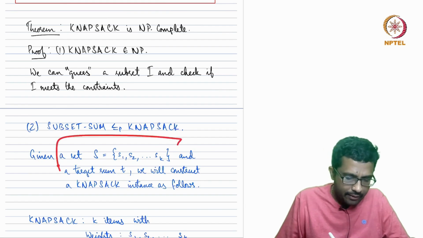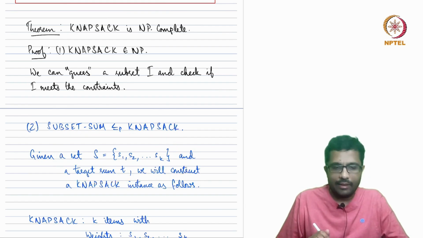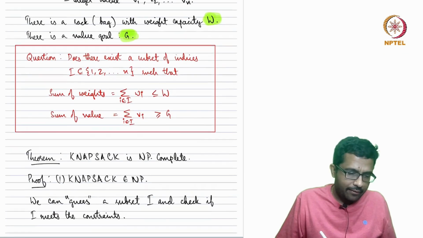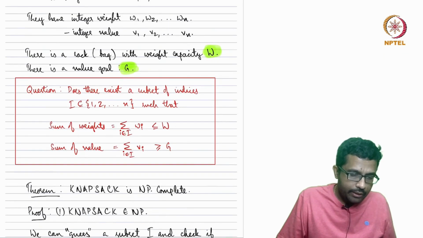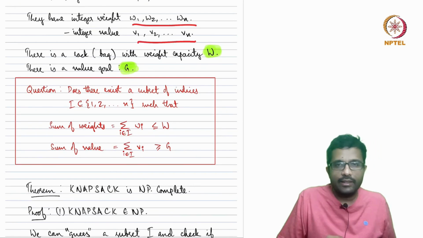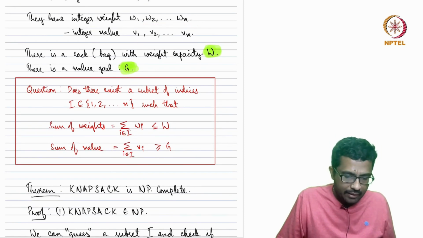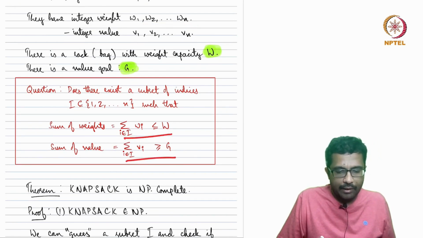So given this, we will construct a knapsack instance, right? So for knapsack, we need n items with weights and values specified, such that the sum of the weights should be at most something, and the sum of the values should be at least something.